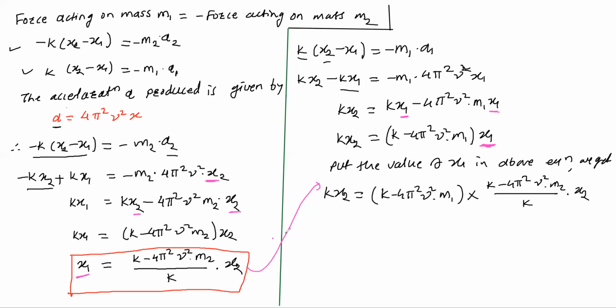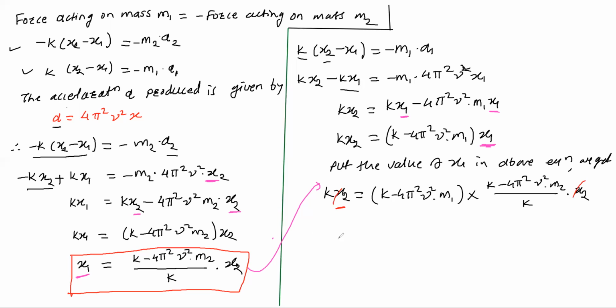Now I'm not going into detail step by step. I will just rearrange these steps. Suppose we shift this x2 term to the right hand side of the equation, then it will be the denominator, and this x2 and this x2 will get cancelled out.